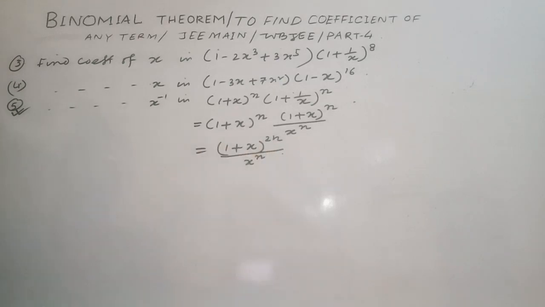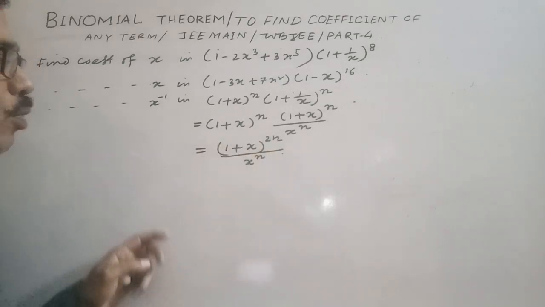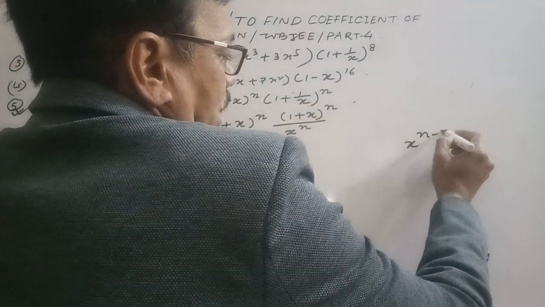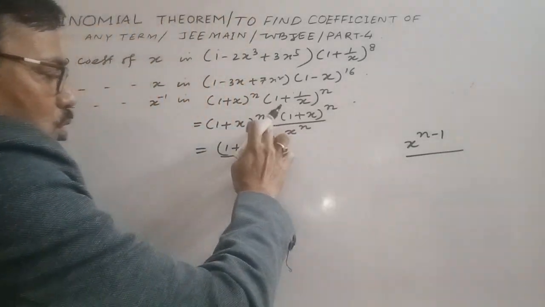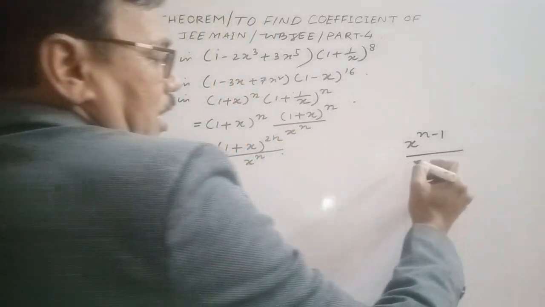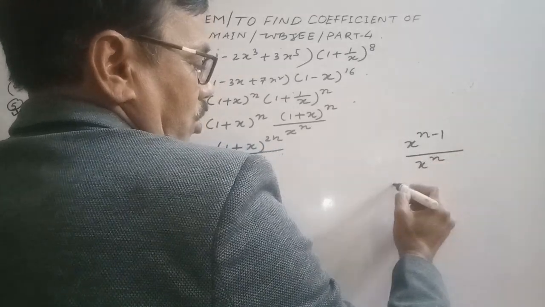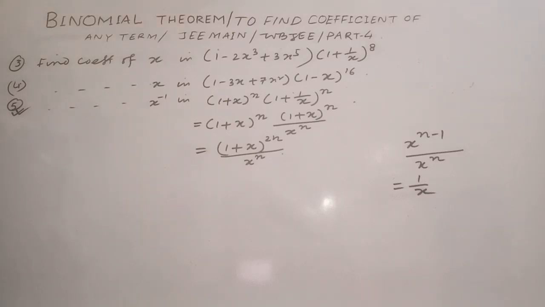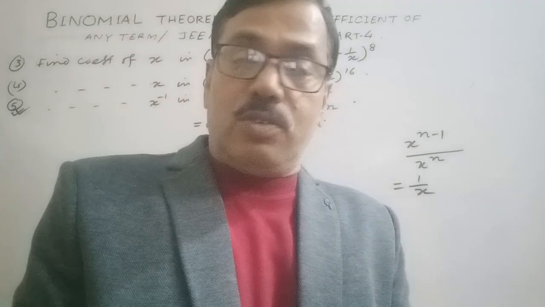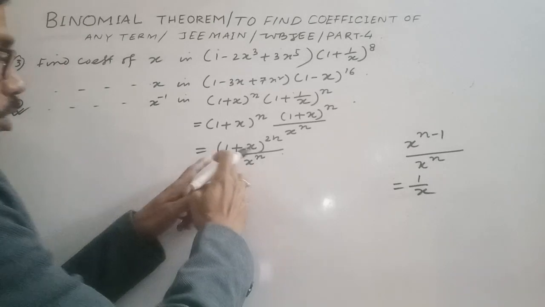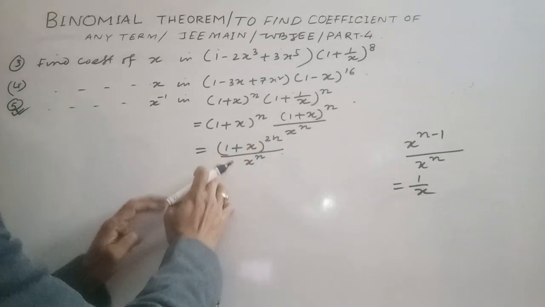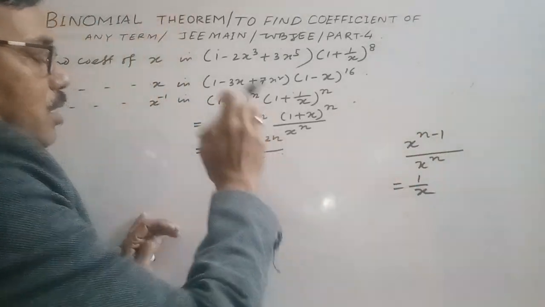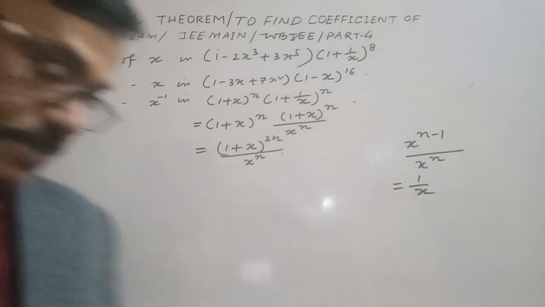Now, this is binomial expression. If we find coefficient of x to the power n minus 1, so look, in numerator, if we take coefficient of x to the power n minus 1, then denominator is x. So, if we simplify, we get 1 by x. Now, to find coefficient of x to the power minus 1 in this expression, you have to find coefficient of x to the power n minus 1 in 1 plus x whole to the power 2n.